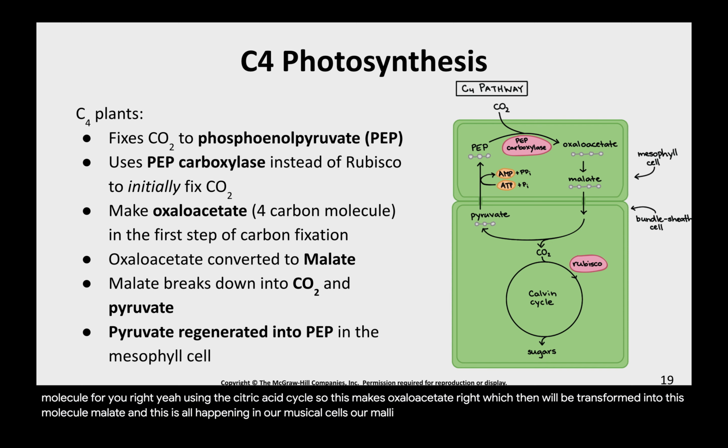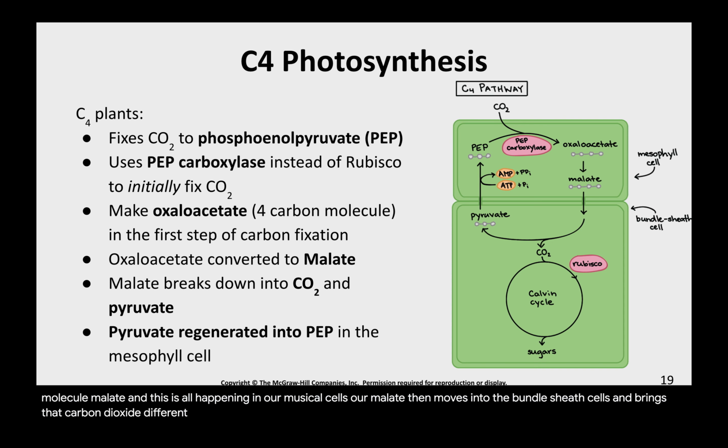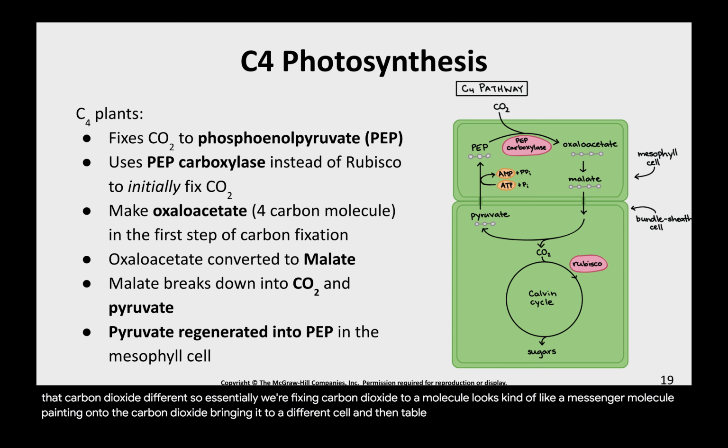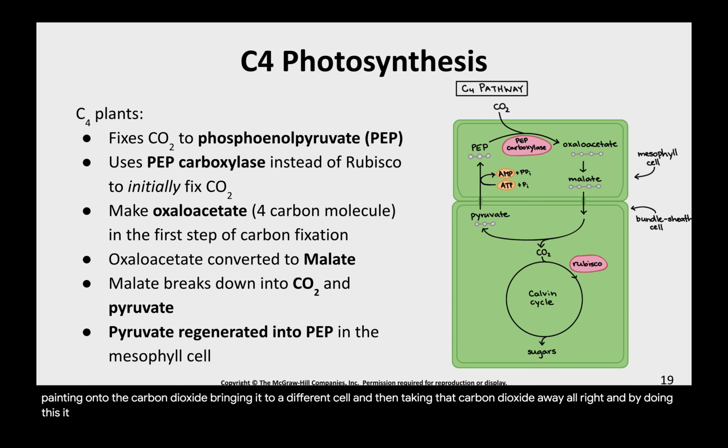Our malate then moves into the bundle sheath cells and brings that carbon dioxide with it. So essentially, we're fixing carbon dioxide to a molecule that's kind of like a messenger molecule. It's hanging on to the carbon dioxide, bringing it to a different cell, and then giving that carbon dioxide away. By doing this, it concentrates the CO2 where the Calvin cycle is actually occurring.